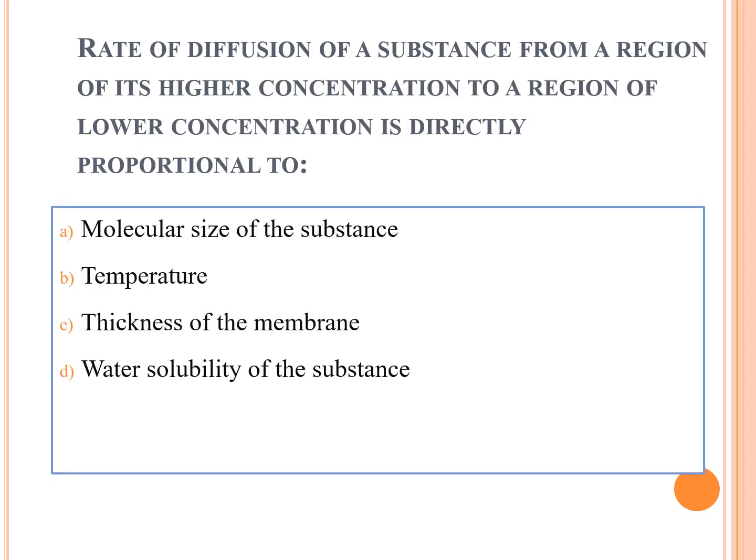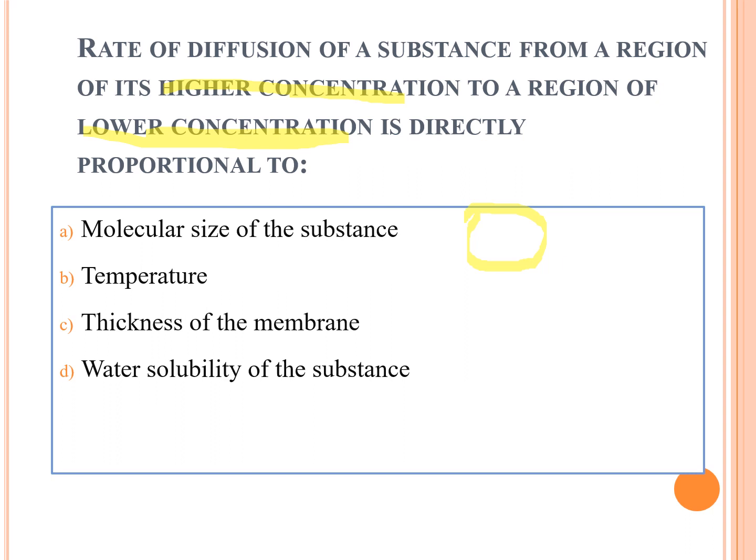Rate of diffusion of a substance from a region of its higher concentration to a region of lower concentration is directly proportional to what? So this is simple diffusion, right? This is passive transport. So the substance is transported from higher concentration to lower concentration. If the size of the molecule is large, the diffusion will be less.